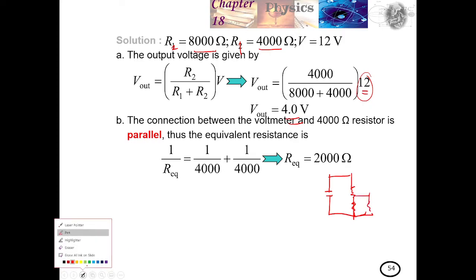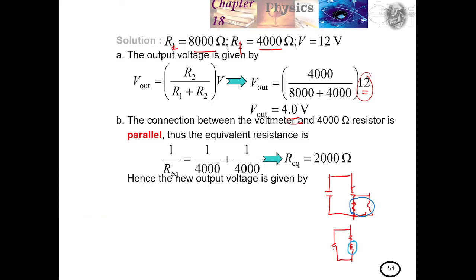We combine these two resistors and then we have a new equivalent resistor, with the source, R1, R2, and back to the source.